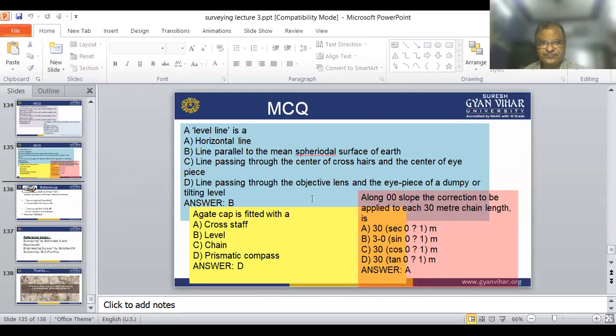Question number 1. A level line is a horizontal or vertical?